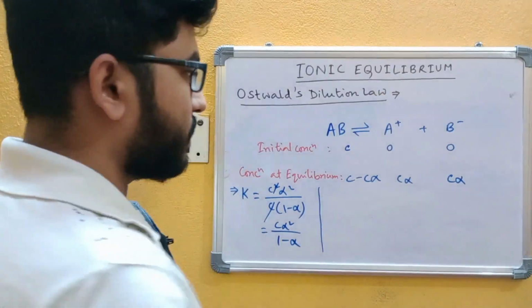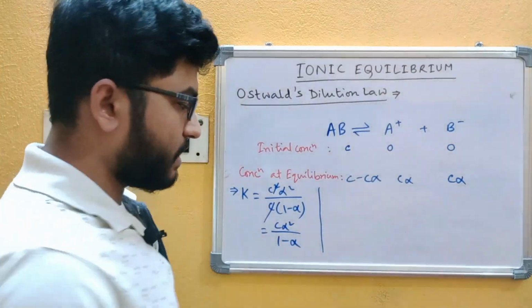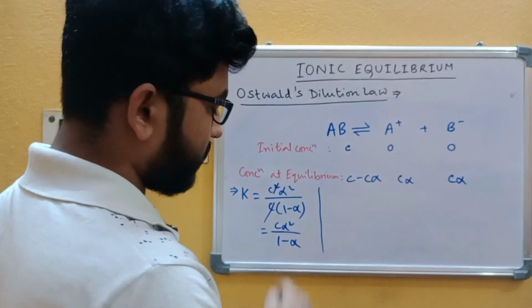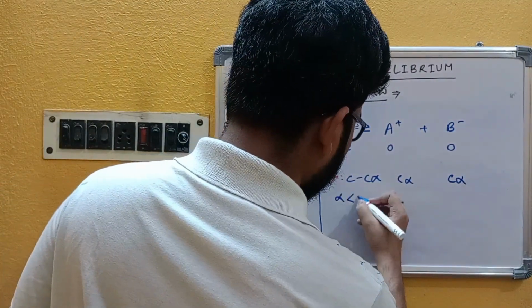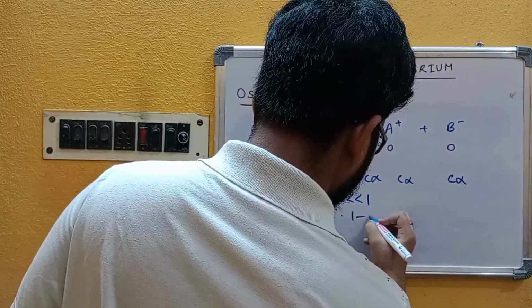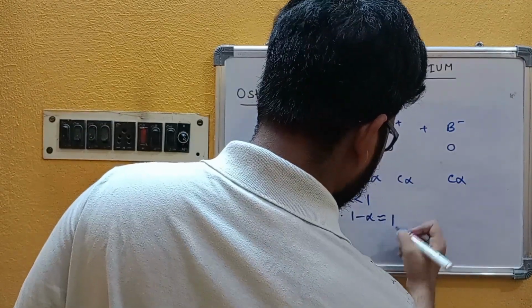Now as AB is a weak electrolyte, the degree of dissociation alpha is negligible, so alpha is much less than 1, and 1 minus alpha is nearly equal to 1.